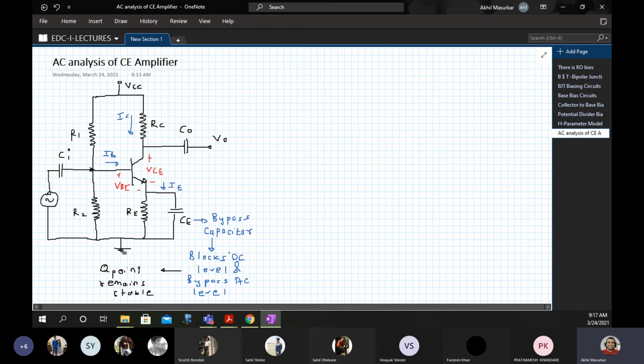So CE is a bypass capacitor. What does it bypass? The AC level in the signal to ground, and it blocks the DC level. So the DC bias of the circuit does not get affected because of that.